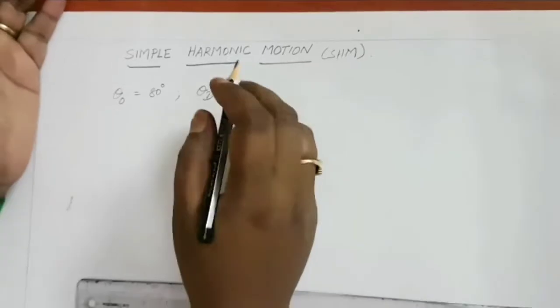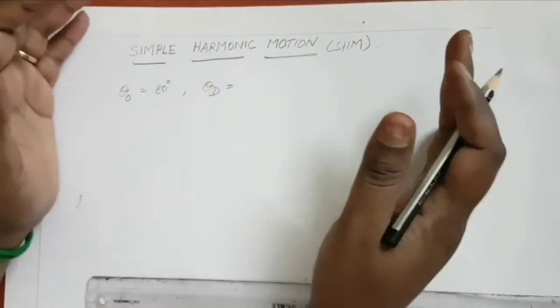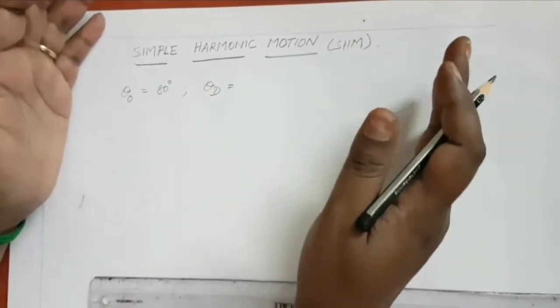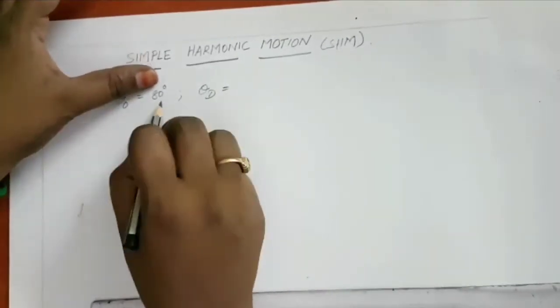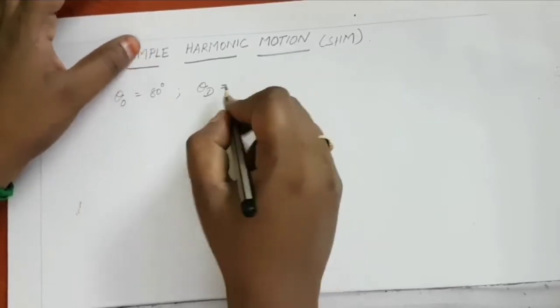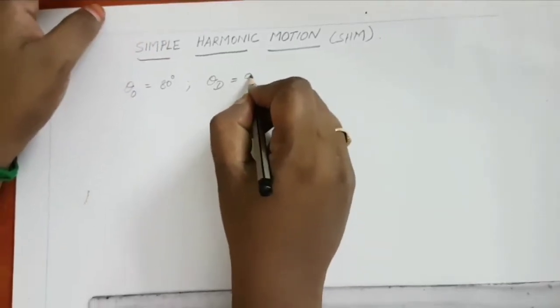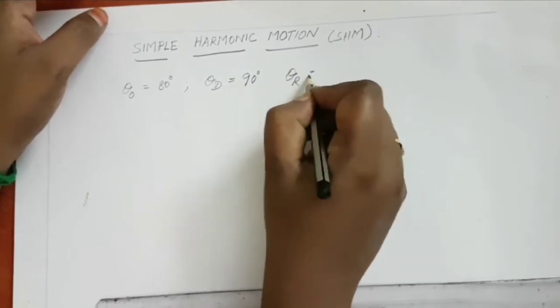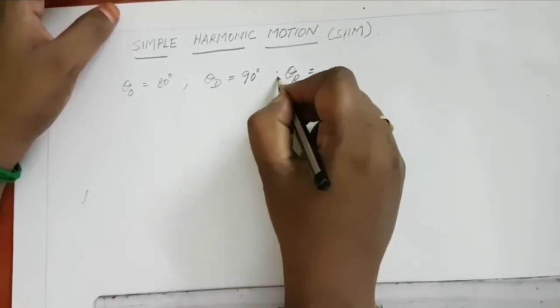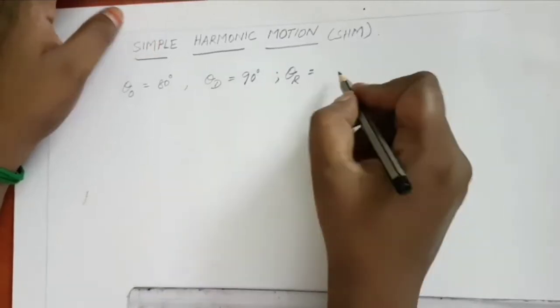In the previous problem I gave the outstroke and return stroke continuously. These are the possibilities the follower may take. Then theta return. So 80 plus 90, 170.